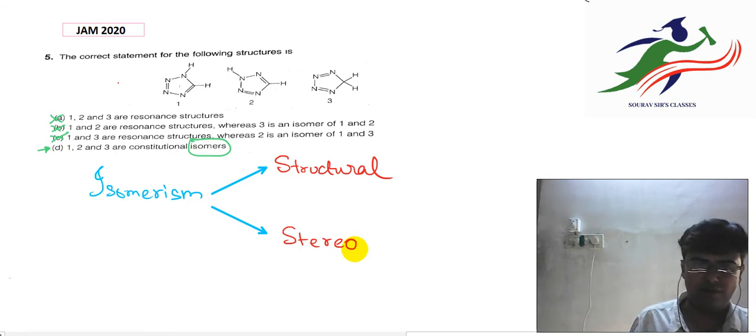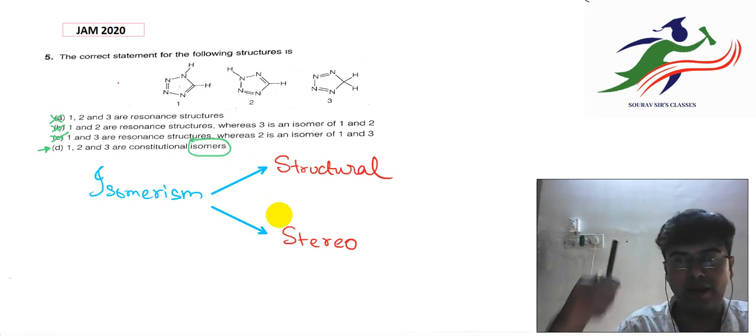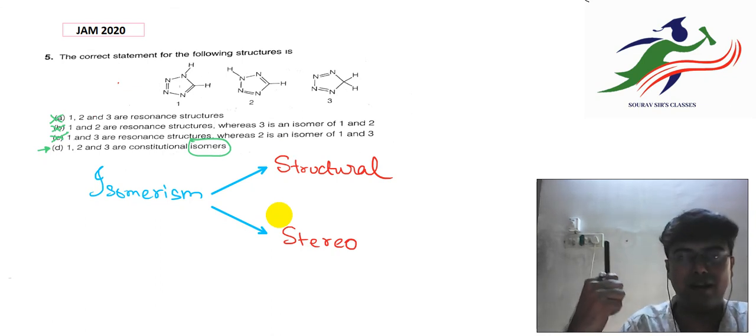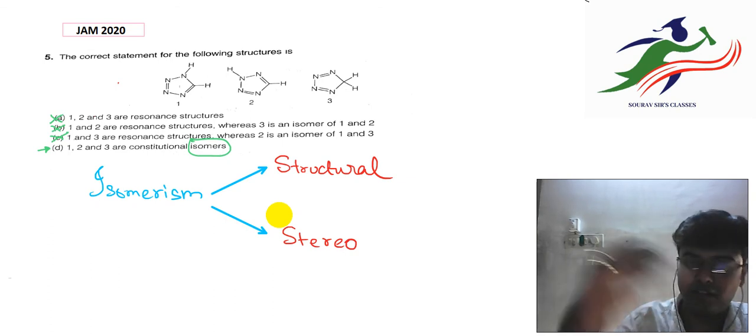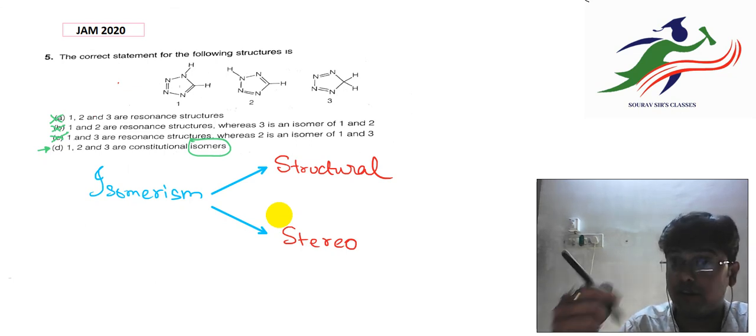Structural isomerism deals with configuration. Configuration means, say for example, I am holding this magnetic pen in my right hand and this ink pen in my left hand. So this is a configuration. And stereoisomerism talks about conformation. Now what is conformation?